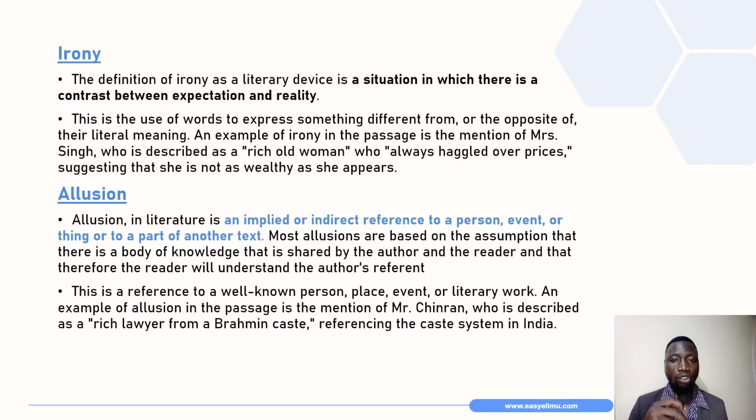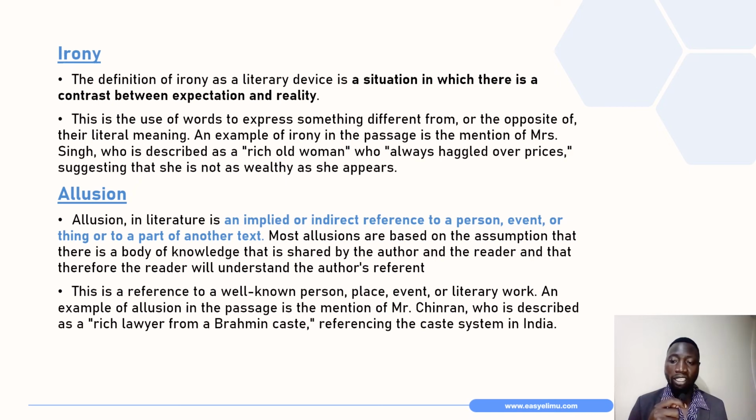So on to the next style, we have irony. Remember, it is a literary device where a situation talks about the opposite of what someone means or intends. So in the story, an example of irony is the mention of Mrs. Singh, who is described as a rich old woman but always haggled over prices, suggesting that she is not as wealthy as she appears.